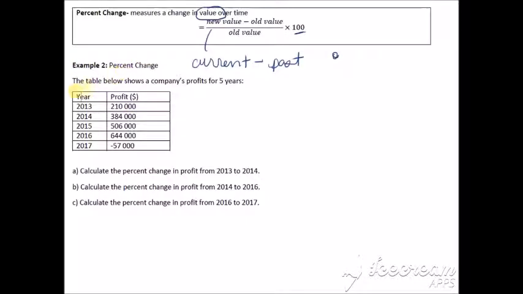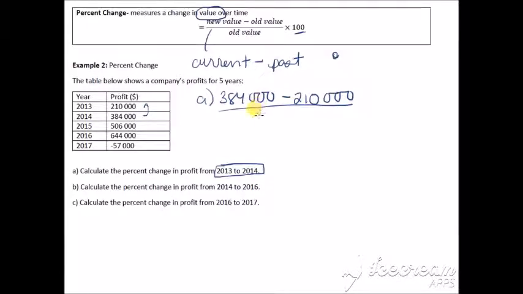So let's take a look. Example 2, percent change. The table below shows a company's profit for 5 years. Okay, so let's do these three calculations. Calculate the percent change in profit from 2013 to 2014. So what we want to do is go current, which is 384,000, and then subtract the old one, which is 210, because this one is actually growing from 210 to 384.